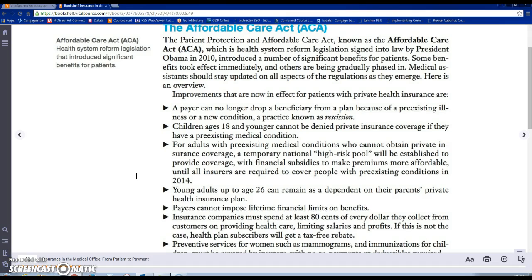The Affordable Care Act, otherwise known as Obamacare, is the new health system that was signed into place, and this is where all Americans, or all U.S. citizens, must carry health care. The first year they put it in, I think it was last year, and there is a fine if you do not sign up for health care and you do not have any other way.